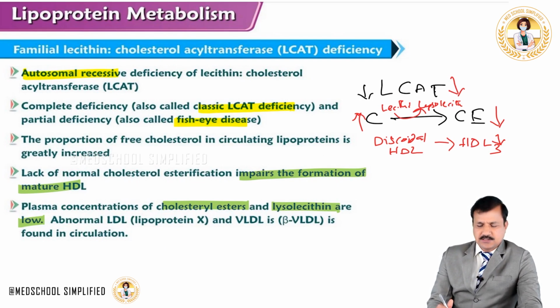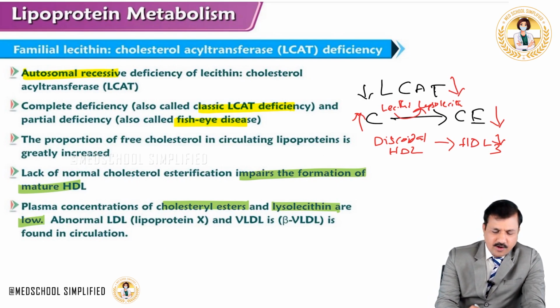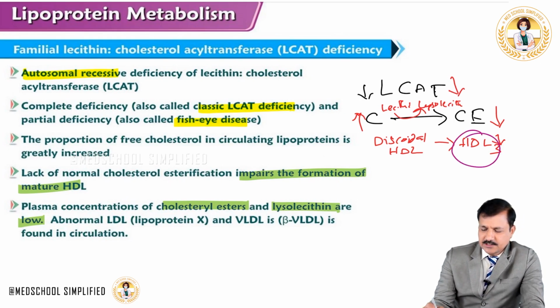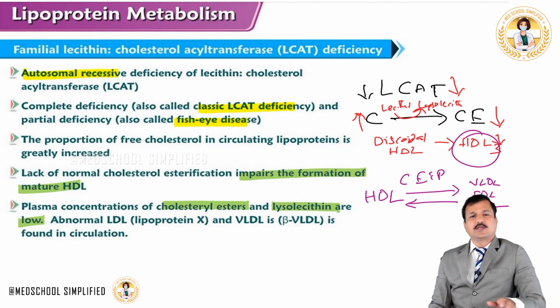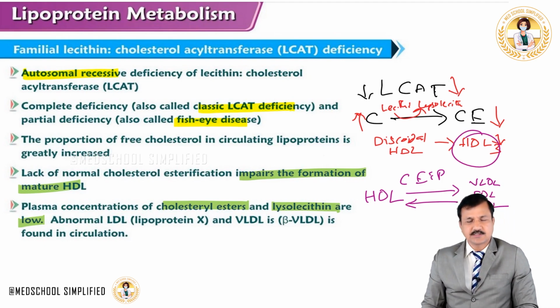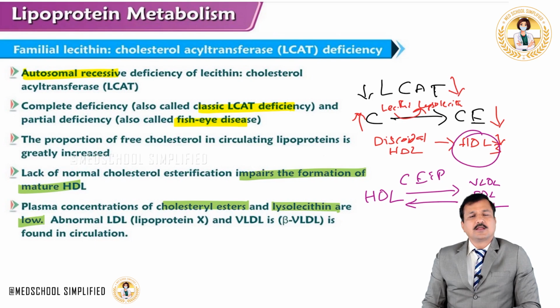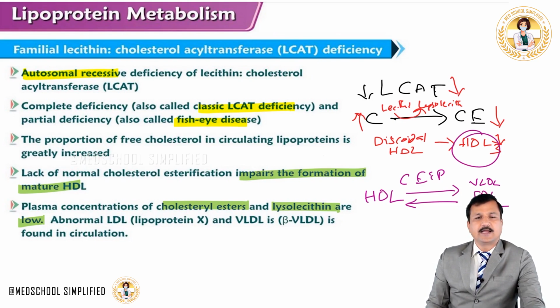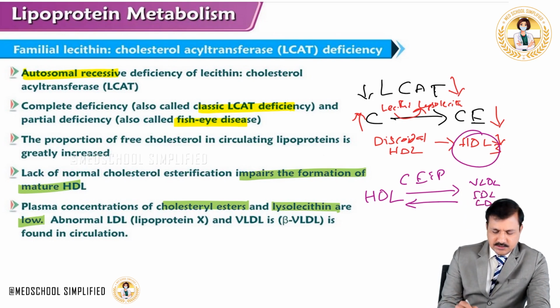Because HDL3 is not formed, and HDL3 is necessary for CETP action, as HDL3 exchanges cholesterol ester for triacylglycerol with VLDL, IDL and LDL, and that is not going on here, there will be an abnormal composition of VLDL, IDL and LDL.